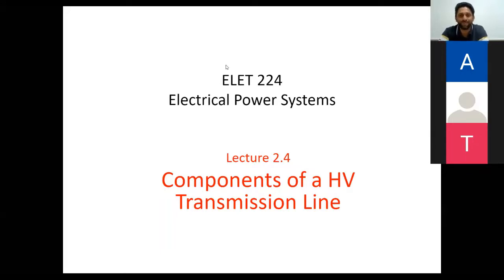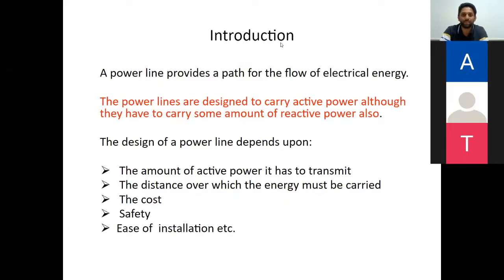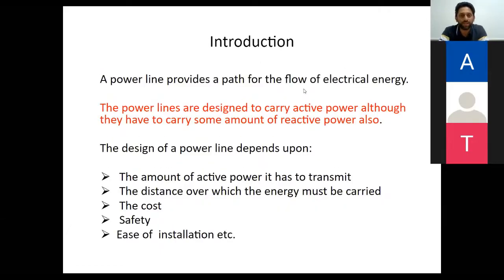Just 2. Okay. So we will continue with lecture number 2.4. What we discussed was, the first thing, the parameters to be considered when you design a power line. Actually, this is a continuation from 2.3, as I told you.